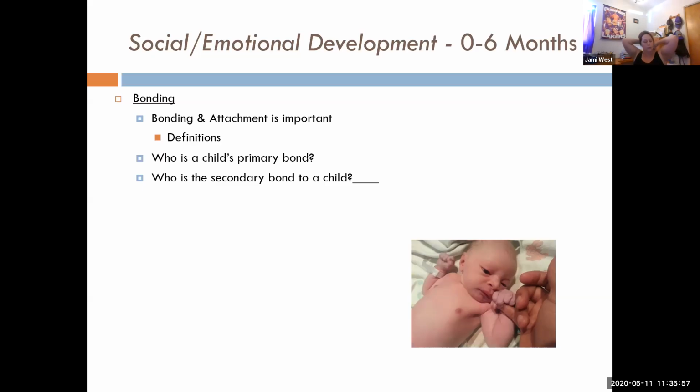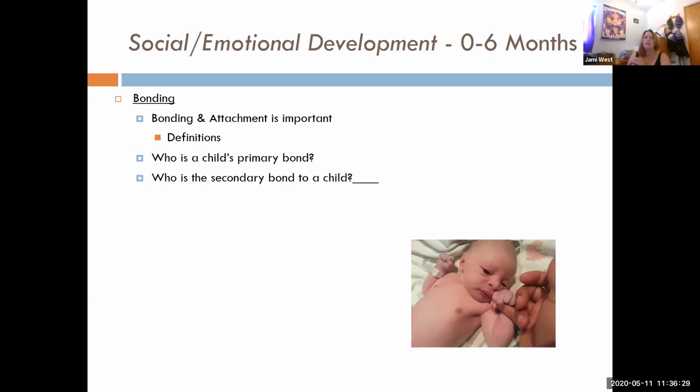The definition for bonding and attachment is a tie to a special person, or an instinctive, strong attachment of human babies to their mothers or mothering ones or caregivers. Okay, so that is the definition of bonding and or attachment.